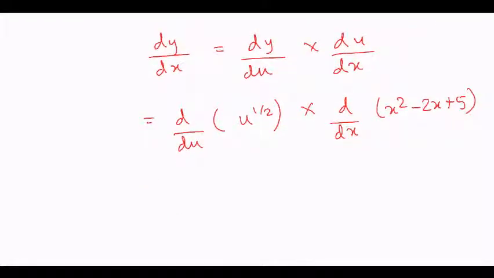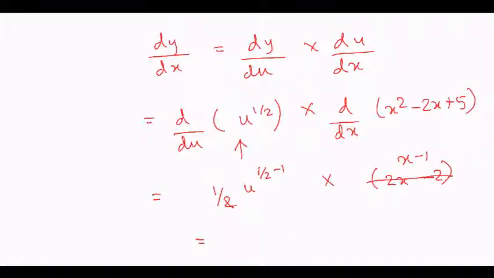If I work out these individual terms, this one works out to be half times u to the power half minus 1, times this one works out to be 2x minus 2. So the half and the 2x minus 2 can cancel out to give x minus 1 here.